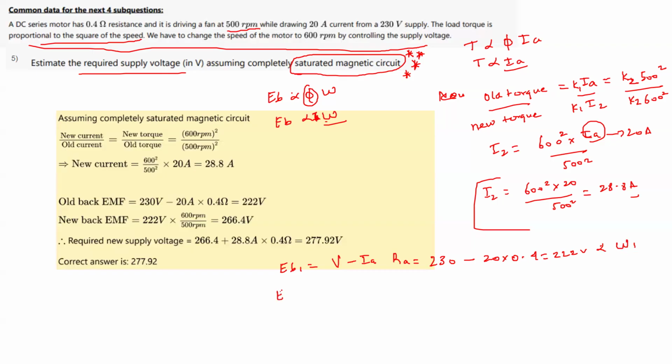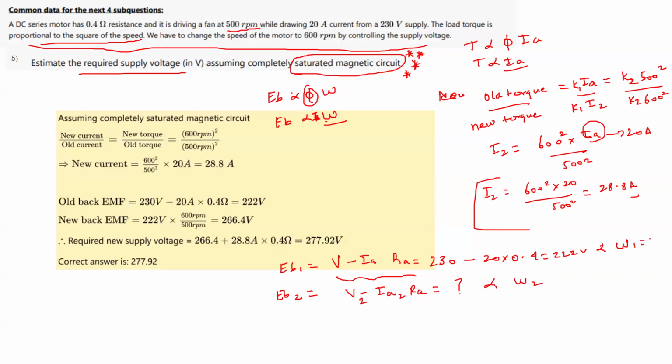Now what about EB2? EB2 we don't know, because the supply voltage we have to find out in this case. So we cannot find EB2 using the supply voltage. We know that it is equal to V minus Ia2 Ra, which we don't know, because we don't know what V2 will be in this case. But it is proportional to omega 2.